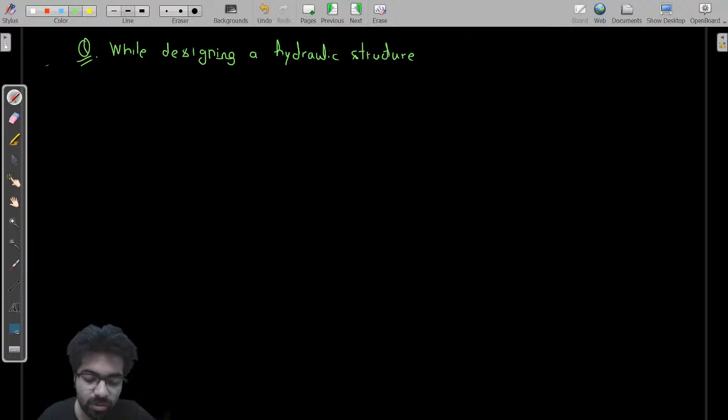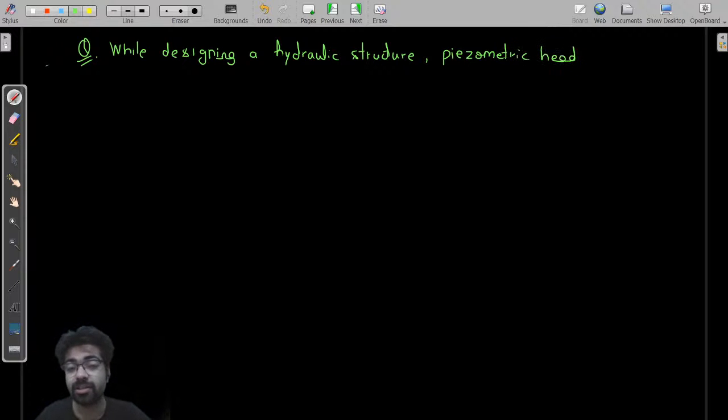piezometric head at the bottom of the floor. We discussed yesterday that piezometric head was measured, one at the bottom of the floor and one at the top of the floor.